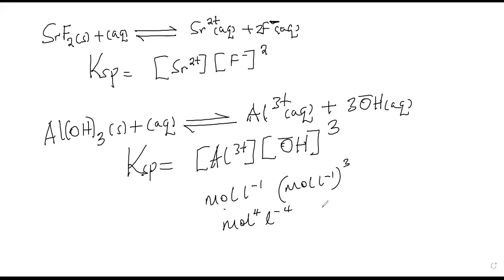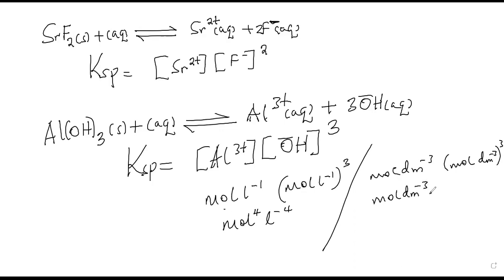If you were using moles per decimeter cubed, then times moles per decimeter cubed to the power 3, it implies moles decimeter cubed times moles cubed decimeter to the power negative 9.